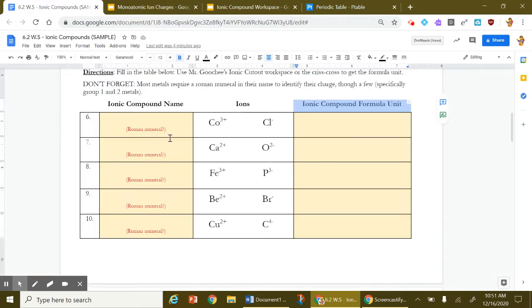So first things first, we have a compound with Co3+ and chloride. So let's start with the easy thing, the name. All right, so Co is cobalt and Cl minus is chloride. Okay, but we are reminded, does this name have a Roman numeral? Well, here's what I can do.